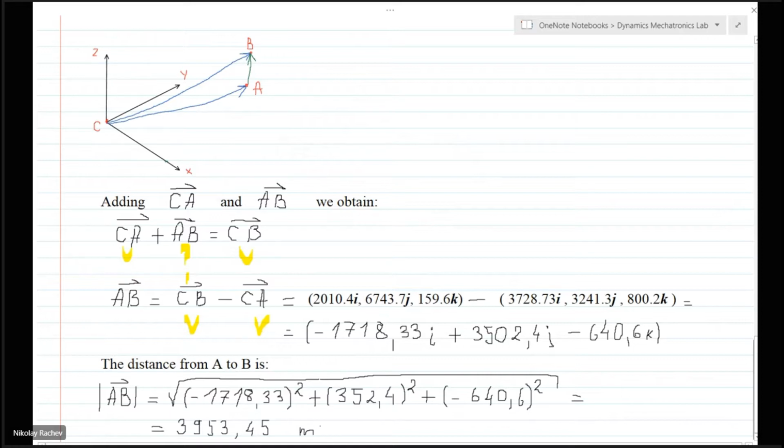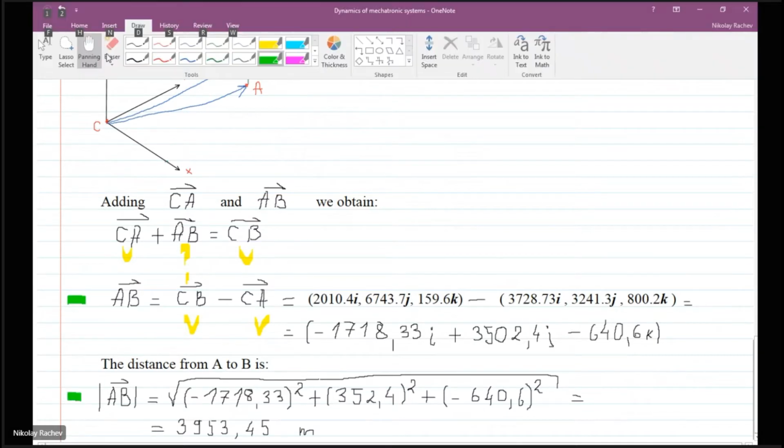I just don't want to make it unclear, I want to leave it more clear for you. Now, let us explain something. With the previous calculation, AB here, I will make both of these lines green.